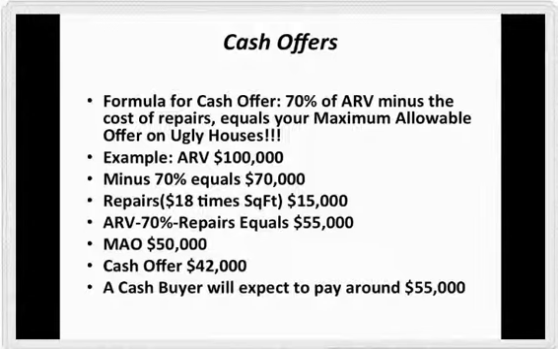So the formula for cash offer is 70% of the after repaired value minus the cost of repairs, and that equals your maximum allowable offer on an ugly house. For this example, I'm just going to use $100,000 so the numbers are round and simple, but this is the formula you follow regardless of the price of the property.